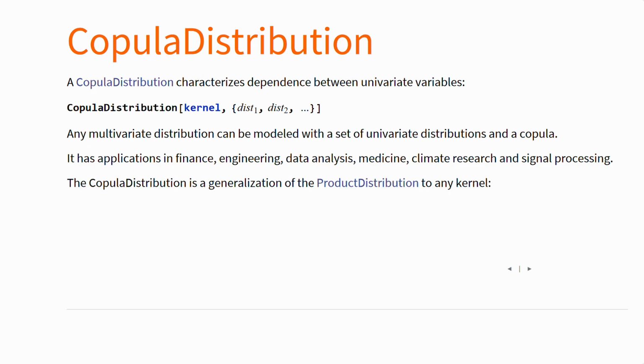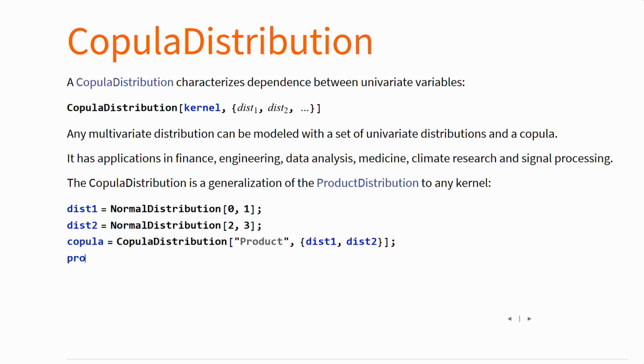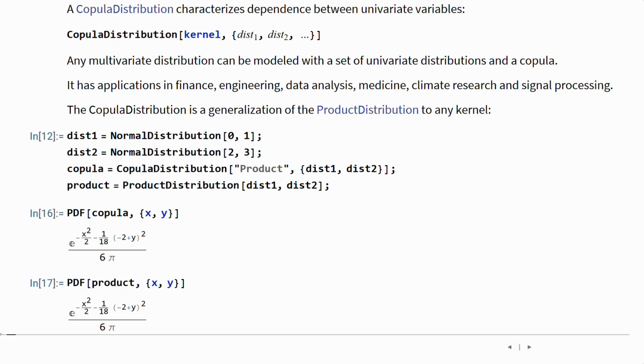The copula distribution is a generalization of the product distribution, and that's easy to prove. For example, joining two independent normal distributions can be done in two ways: the copula distribution of these distributions on the product option, or simply the product distribution. Computing the PDF will bear the same results.